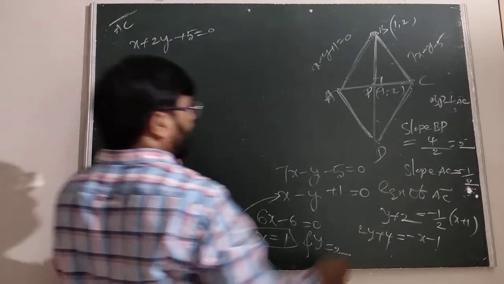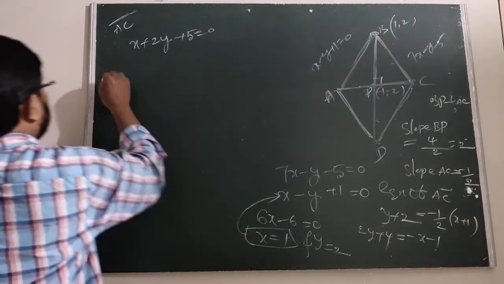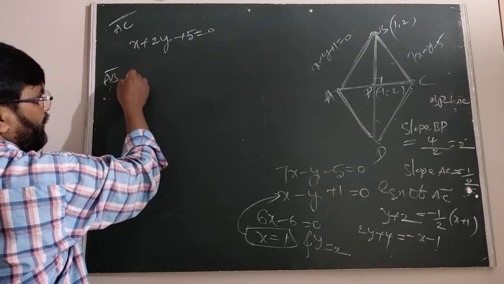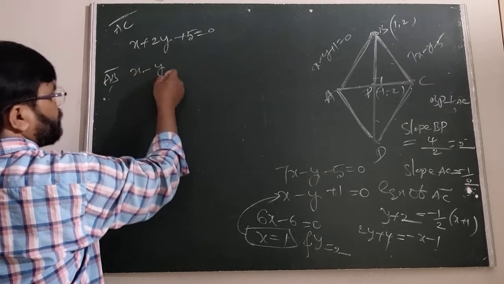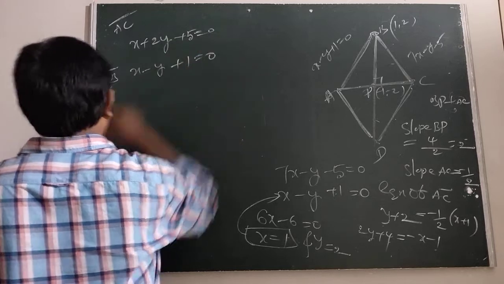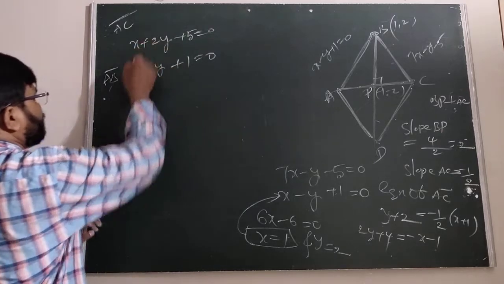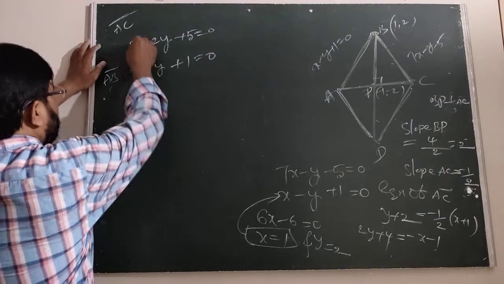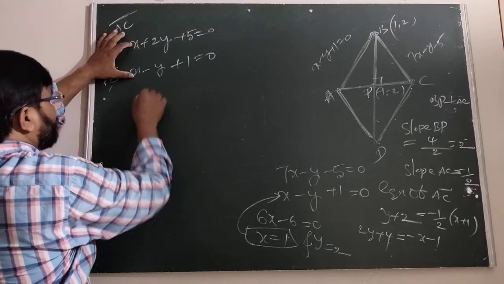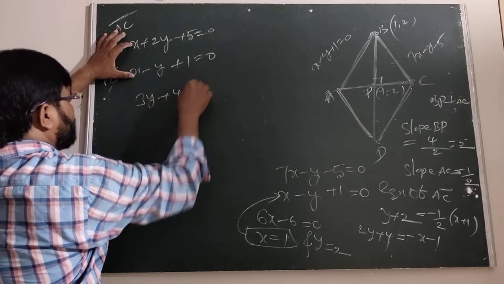Now the point of intersection of AB and AC, where the equation of AB is x minus y plus 1 equal to 0. Now the simplification: the minus and minus cancel, this is 3y, and 5 minus 4 is plus 1.